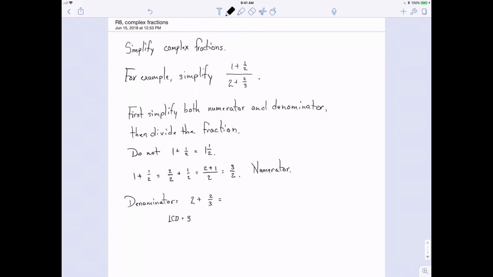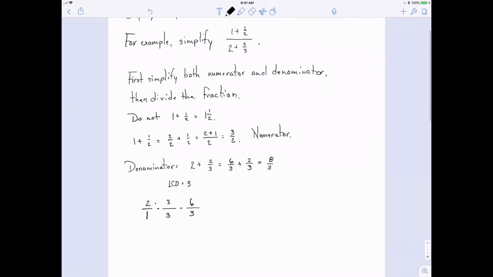So I take 2, and you can think of 2 as 2 over 1, and multiply it by something so that we end with 3. So we multiply it by 3 over 3 to get 6/3. So this is 6/3 plus 2/3. That gives me 8/3.